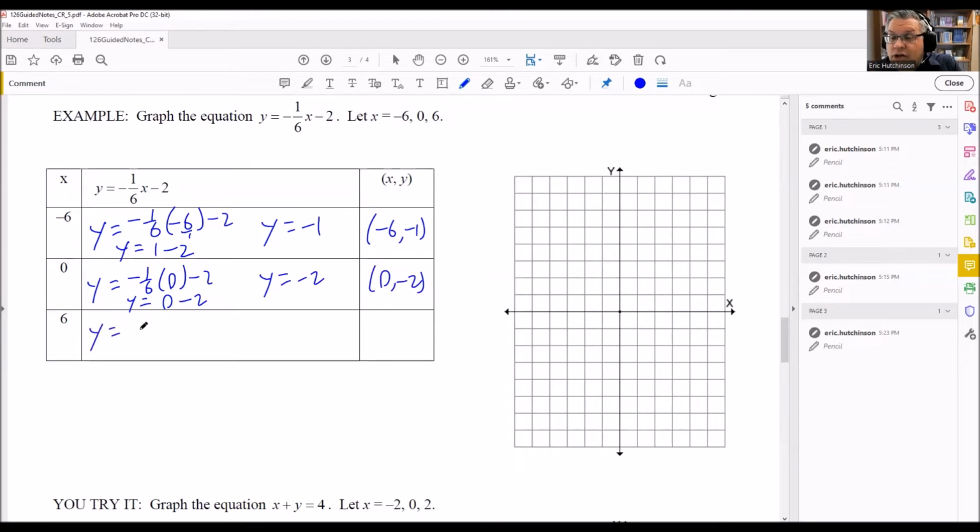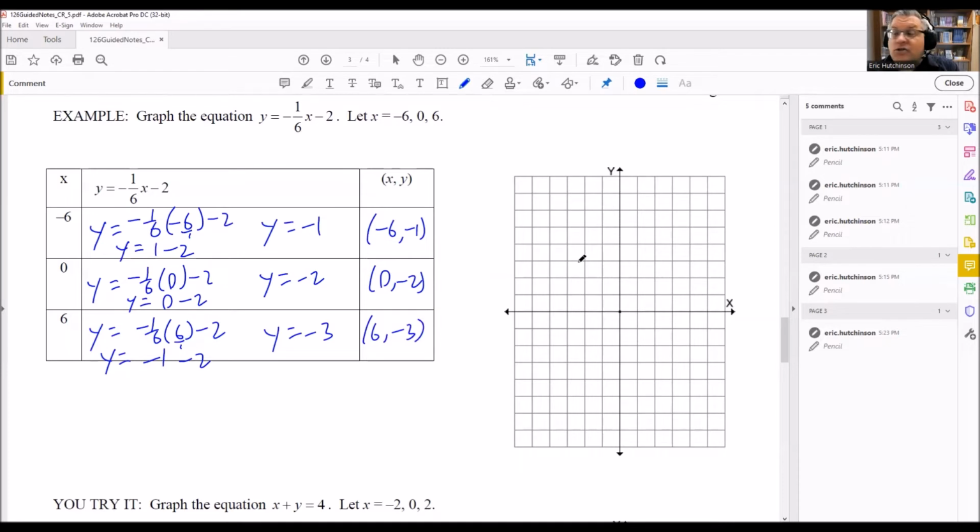So y equals -1/6 times 6 minus 2. Remember, again, that's really like 6 over 1. So if we multiply this, we would get -6 over 6, which would give you -1. So you have -1 minus 2 means that you would get -3 as a result here. So you would get the point 6, -3.